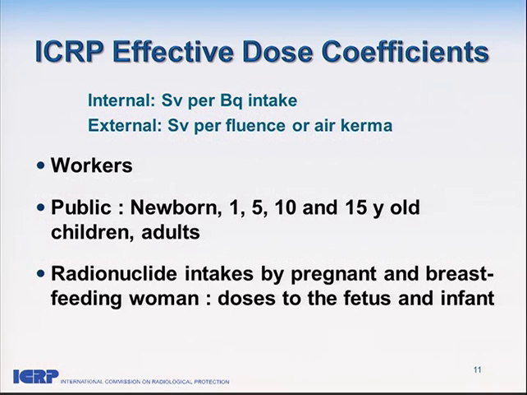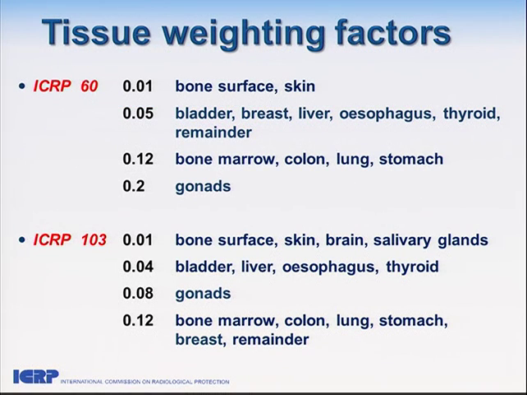And in each case, we use in the calculation of effective dose the same set of tissue weighting factors. And so people have questioned this and said, well, surely they don't apply to all these different age groups. Well, if we look at the tissue weighting factors and just look at the bottom set, but the same applies to the ICRP 60 values, they're a very simplified representation of relative detriment values that are derived from the epidemiology.